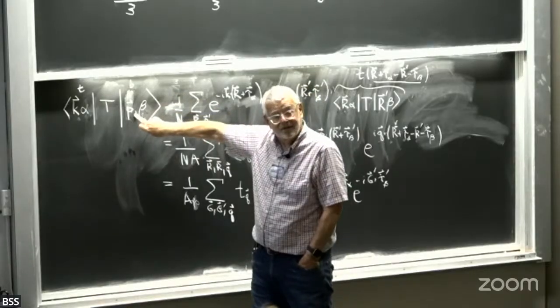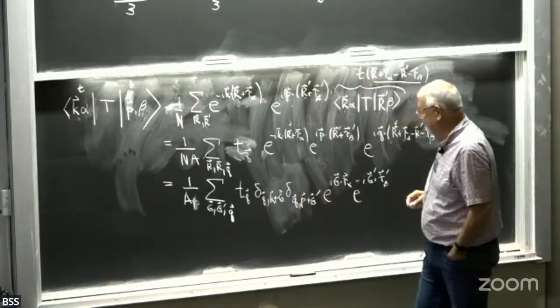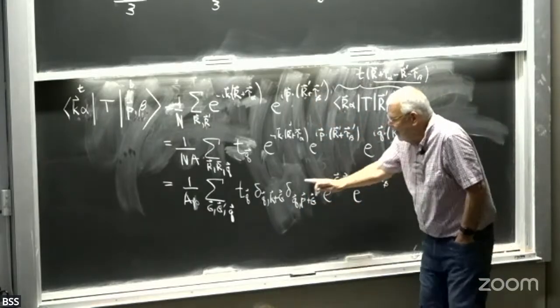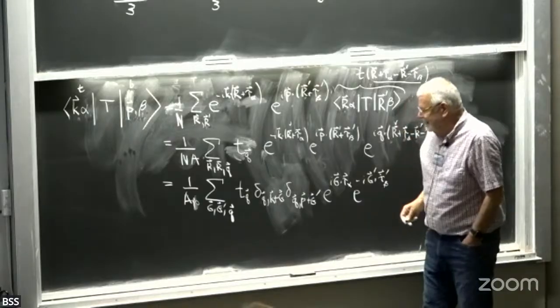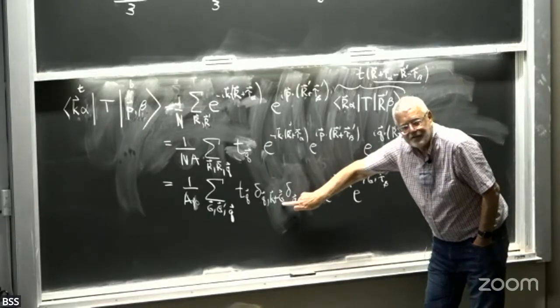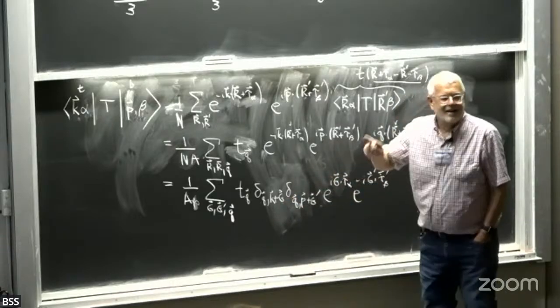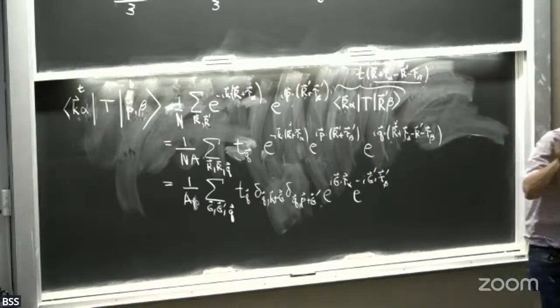P does too, right? So K and P need to be nearly the same. And so the only way for K and P to be nearly the same is if the reciprocal lattice vectors G and G prime are the same up to a rotation for this twisted case.